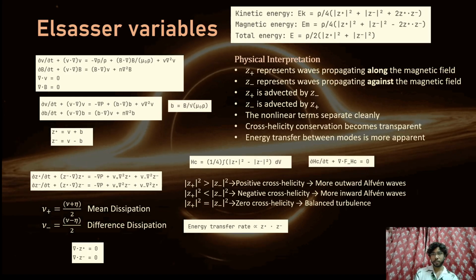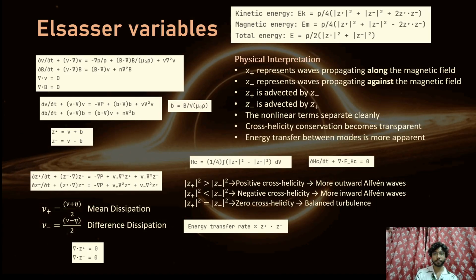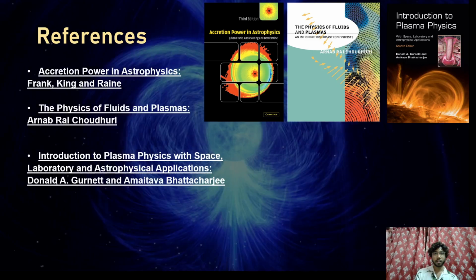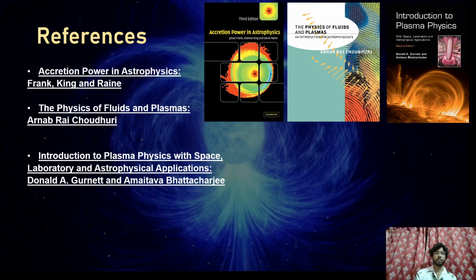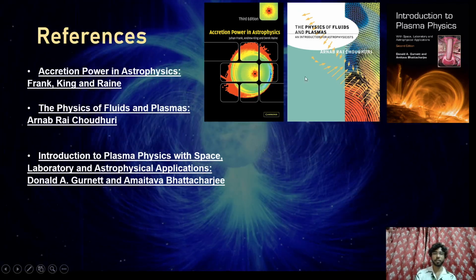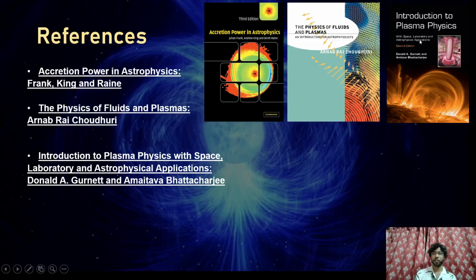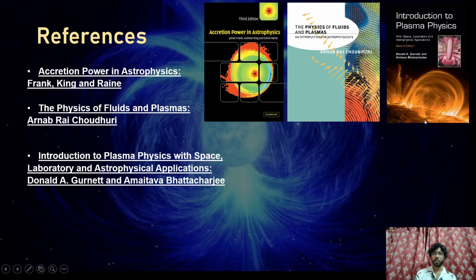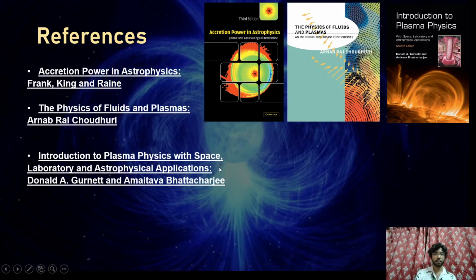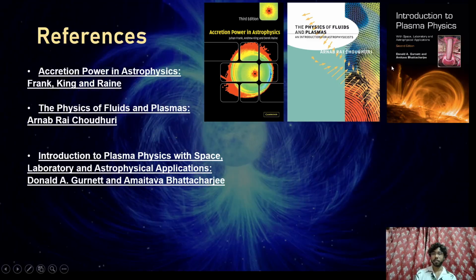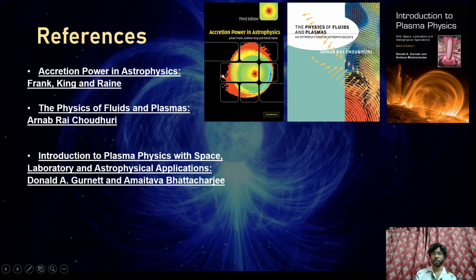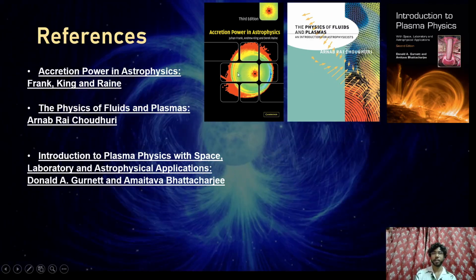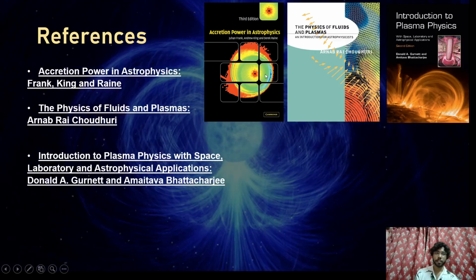So that is it for this week. And for the references, like these 3 books, as I said, for plasmas, mainly this book is very good, Garnet and Bhattacharya. But in general, for astrophysical application, we can also look at these 2 books.